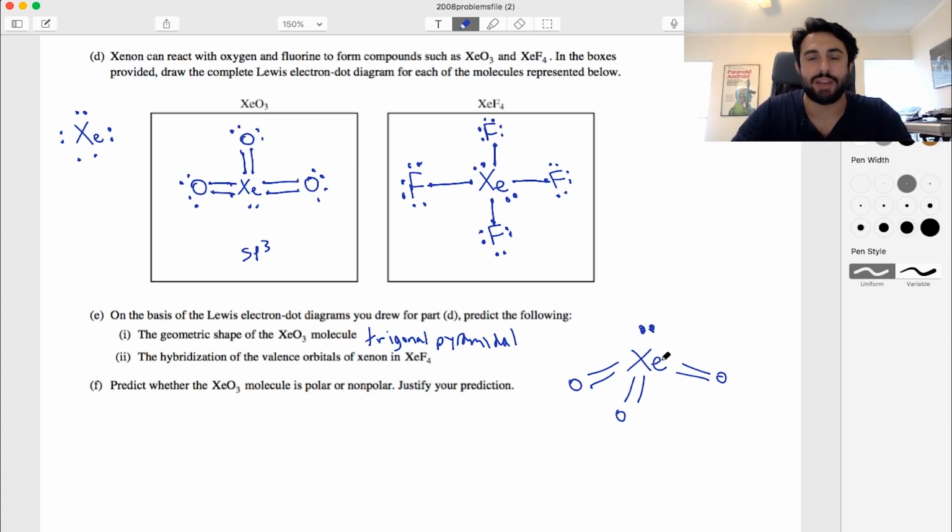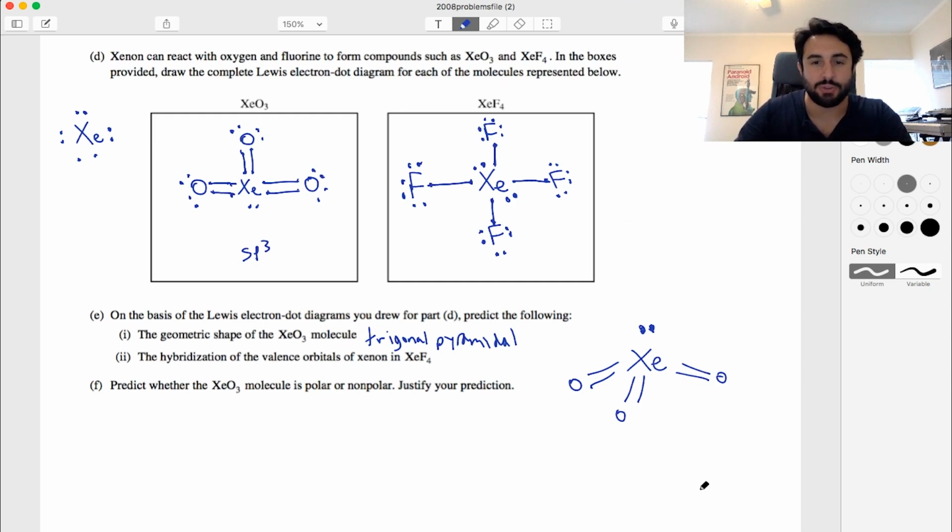So it's kind of like ammonia. It's kind of like we have methane, but then we have ammonia, and so we have a lone pair there. That's why ammonia is trigonal pyramidal. Here it's the same thing. It's just that we have double bonds instead of single bonds. Xenon has double bonds to these 3 oxygen atoms, but it also has a lone pair. So that is going to be trigonal pyramidal.